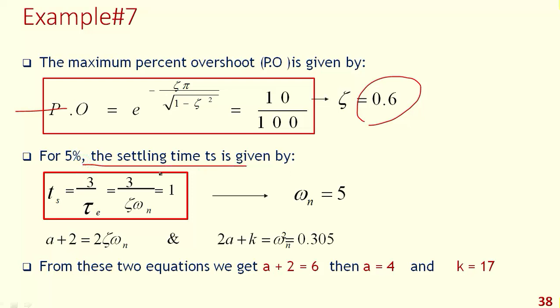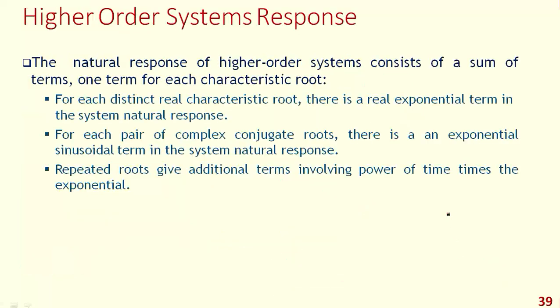Then the settling time is given. Ts is equal to 3 divided by zeta into omega n, which equals 1. So zeta is known, and you have to find the value of omega n. So we get the equation. Then after finding the values of omega n and zeta, we get the values of a and k.